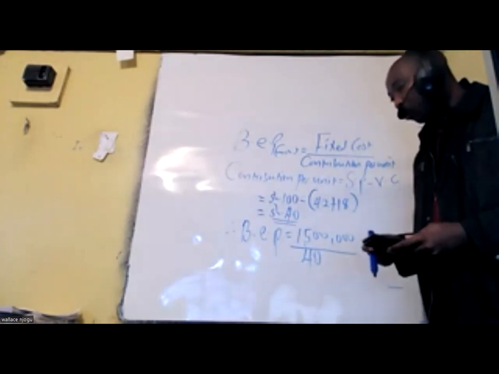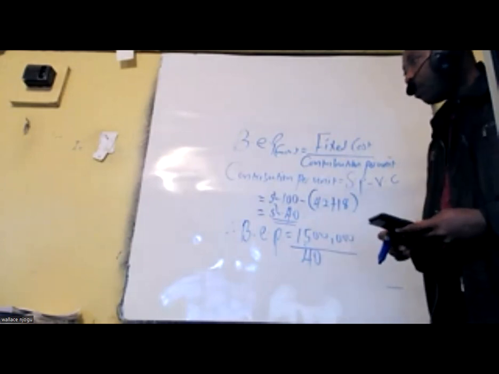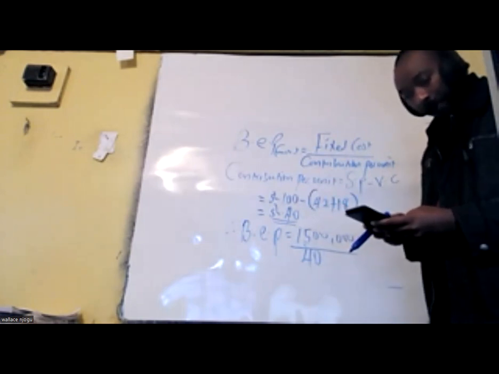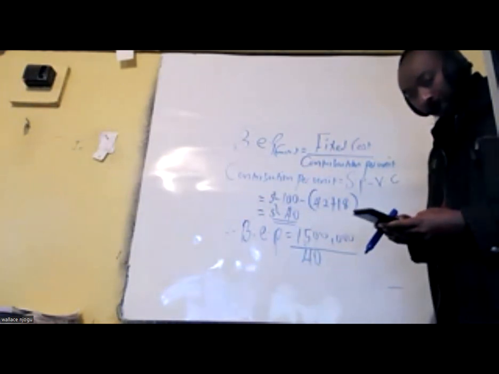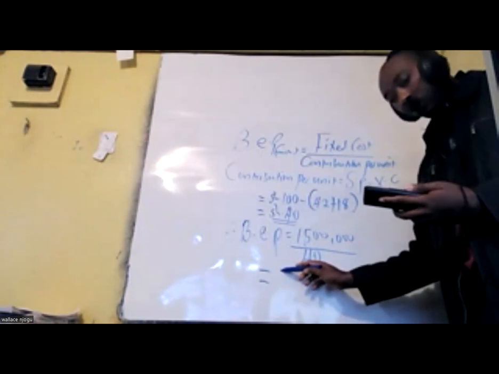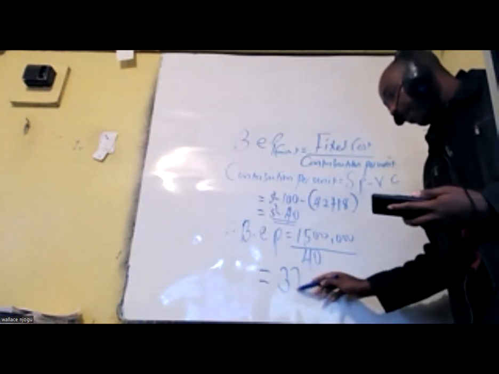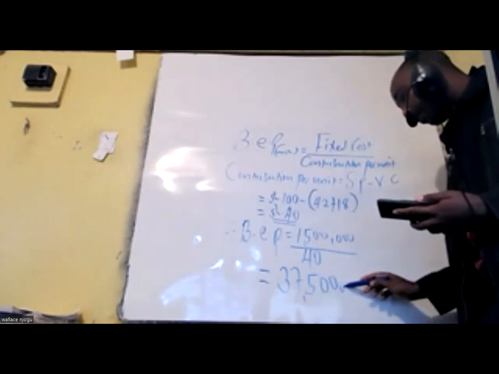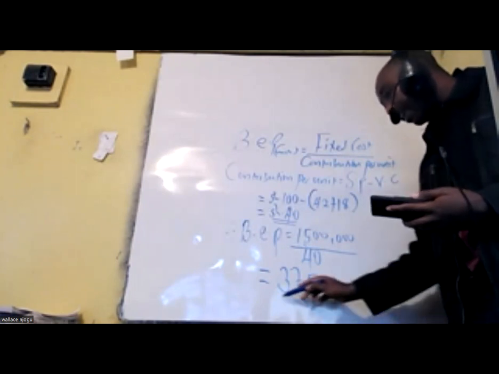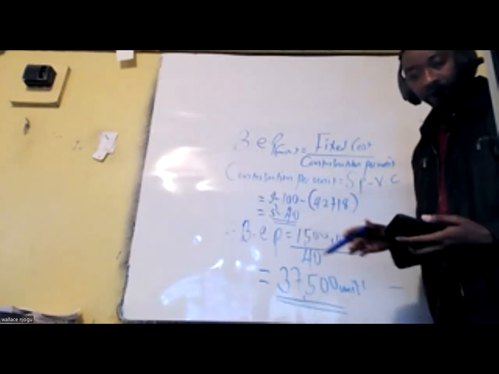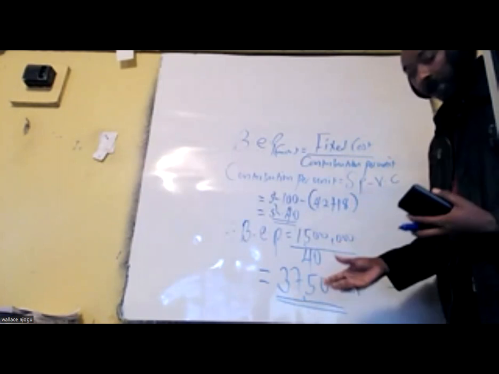So we need to sell how many units so that we can recover all the cost. That is the break-even point. So take 1,500,000, you divide by 40. So we are supposed to sell 37,500 units. These are the units that will break even, and that is the answer. Break-even point in units.